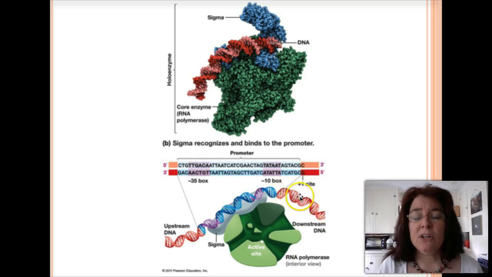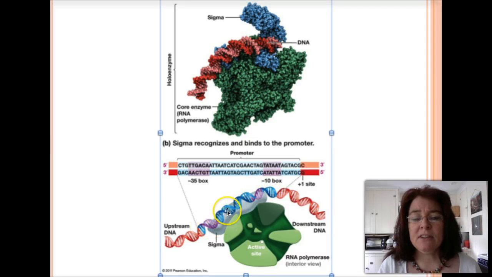The red part of the DNA remains in a double helix, but the blue part and the purple part particularly are important to us because this is the region that sigma, this regulatory molecule, recognizes and binds with. Particularly these purple areas. This is the -10 box, and this is the -35 box. And everything in blue is the promoter.